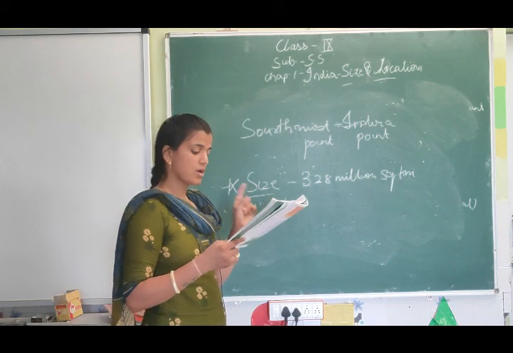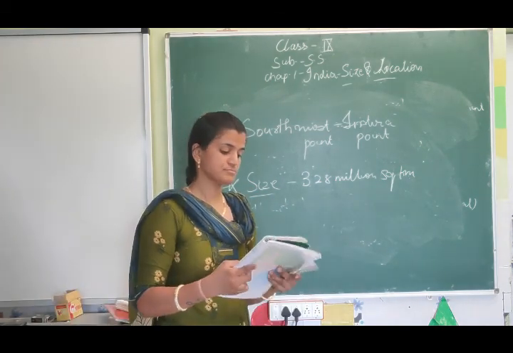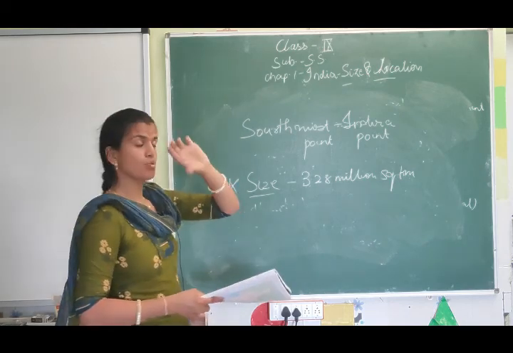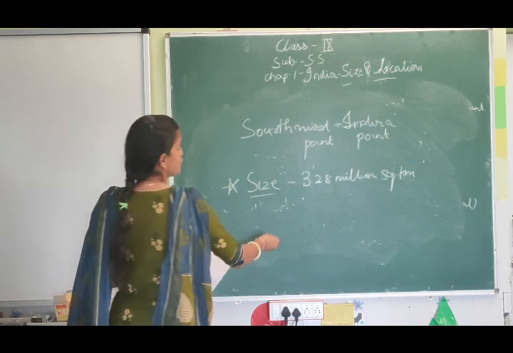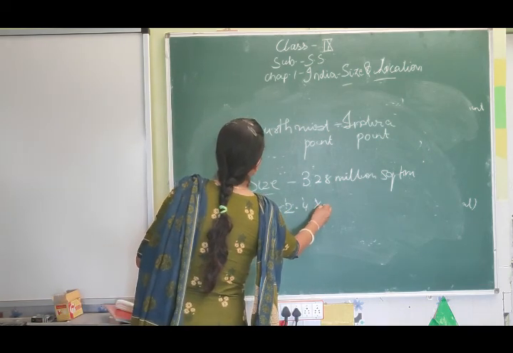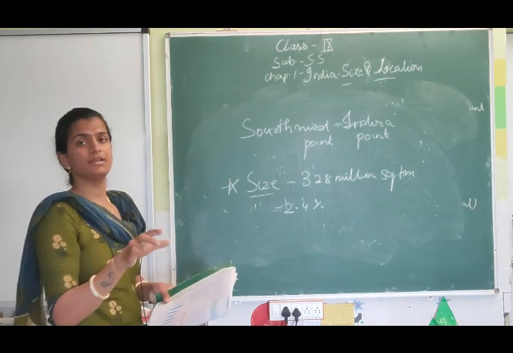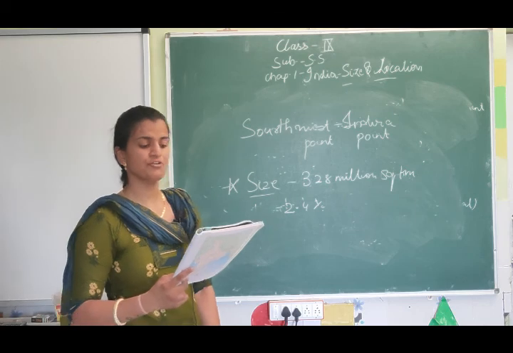India's total area accounts for about 2.4% of the total geographical area of the world. India is the 7th largest country of the world.